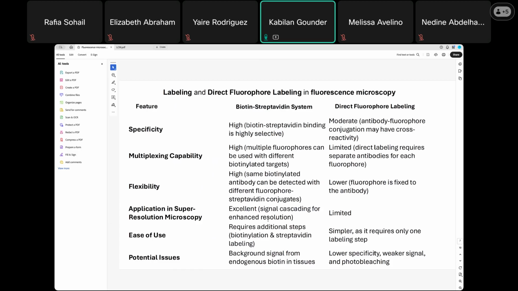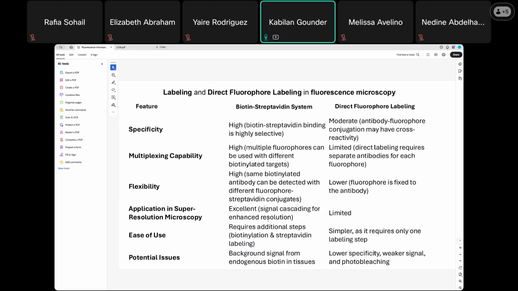Mainly, background signal from endogenous biotin in tissues is possible in this approach, whereas direct fluorescence labeling has lower specificity, weaker signal, and photobleaching is possible.